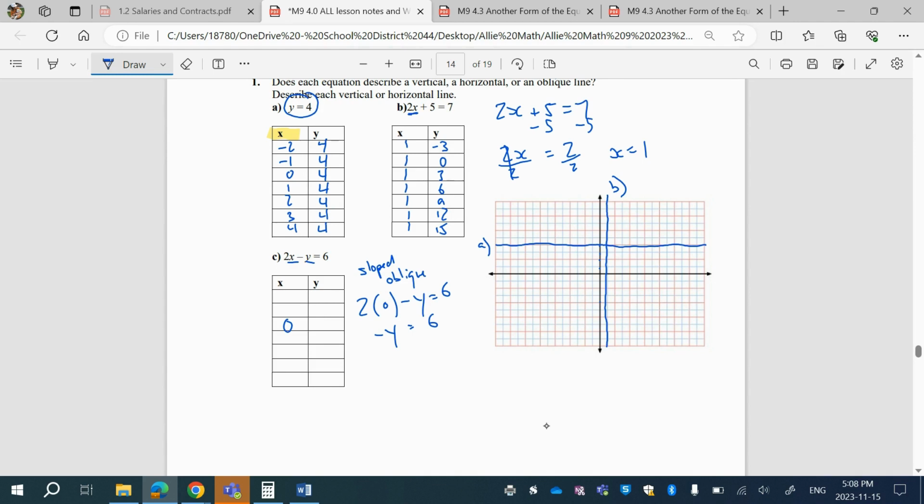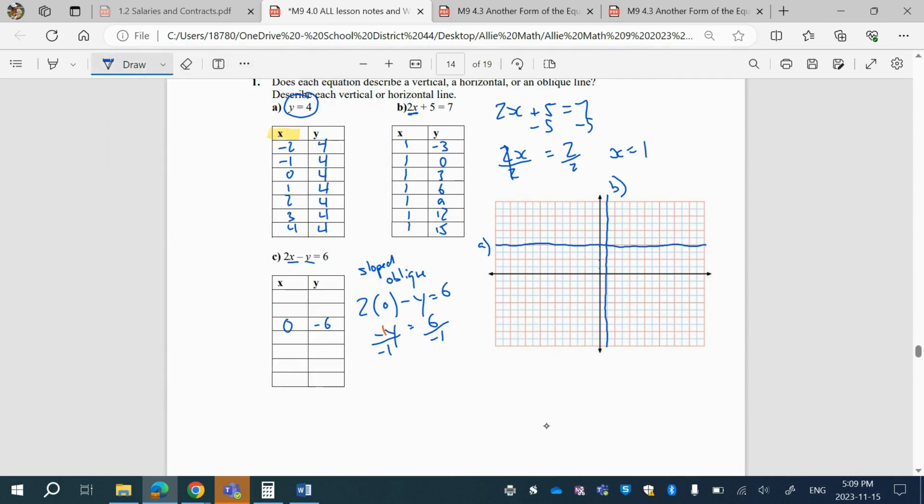We don't like to have a negative variable. This doesn't say negative y, so we have to divide by -1 on each side. Remember, there's an invisible coefficient, an invisible 1, right there. So if we divide by -1 on each side, it makes our y positive, but it will make our 6 into a -6.